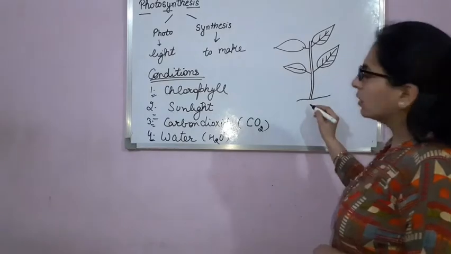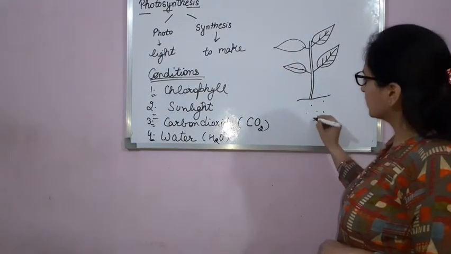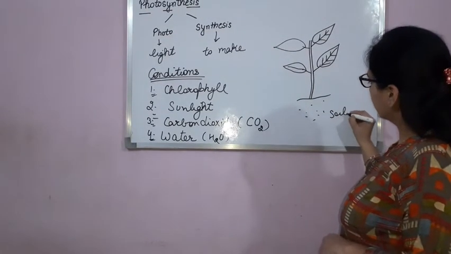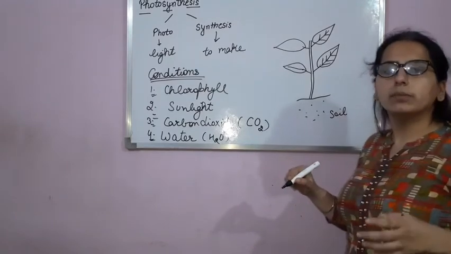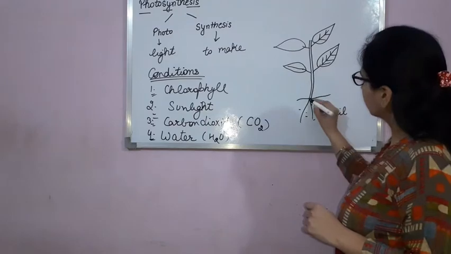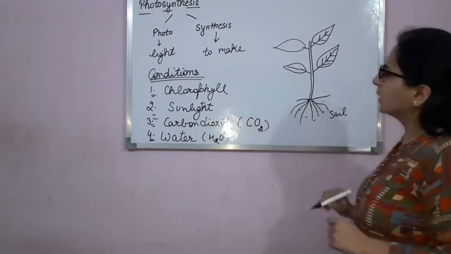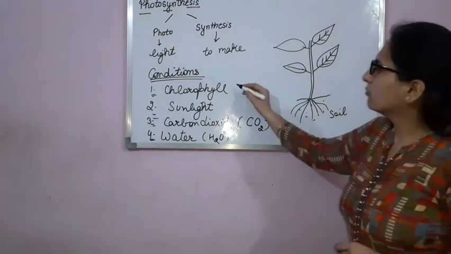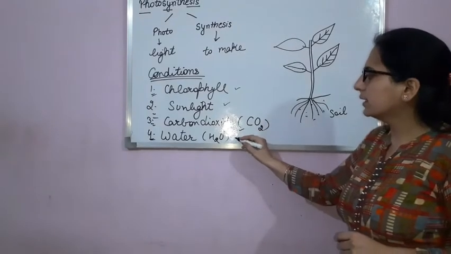Now, here will be soil. Inside the soil there will be roots. Now, let us discuss from where the plant will get all these.